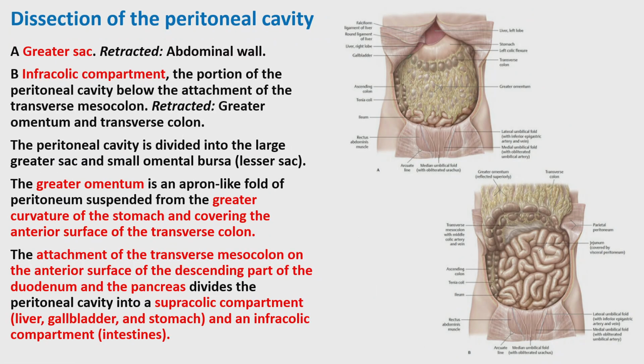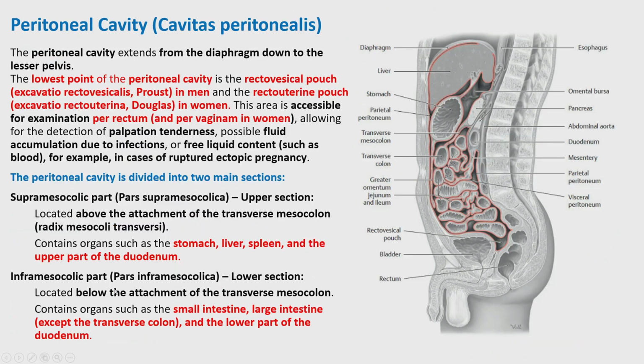The dissection of the peritoneal cavity, I hope you had a lecture about the greater omentum and lesser omentum. Those are the information that I don't repeat in systematic anatomy.